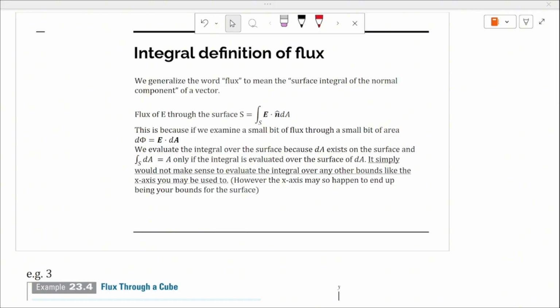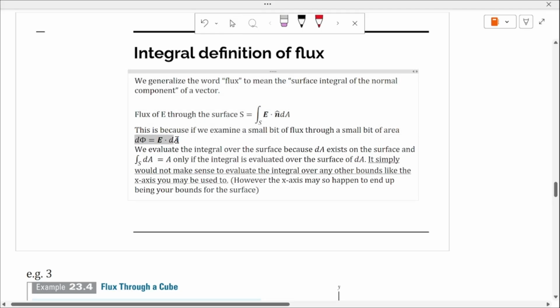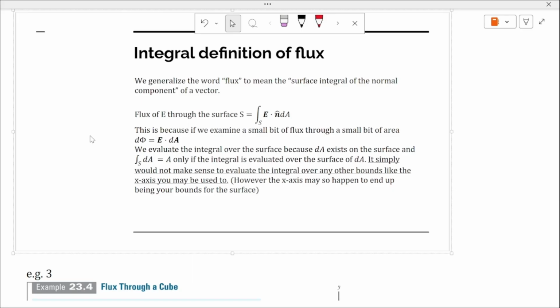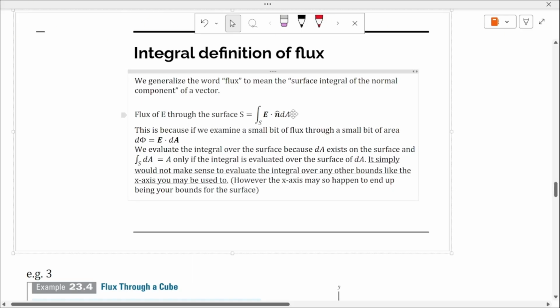However, most of the time, our problem isn't going to have a neat constant flux or electric field. So we have to focus on a small differential element of flux, which is equal to the electric field vector dot the elemental area element, dA. dA is just going to be a small bit of area times the normal vector to the surface.